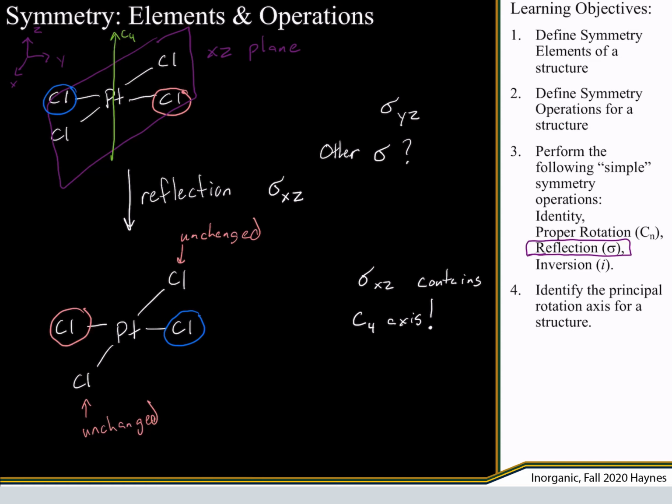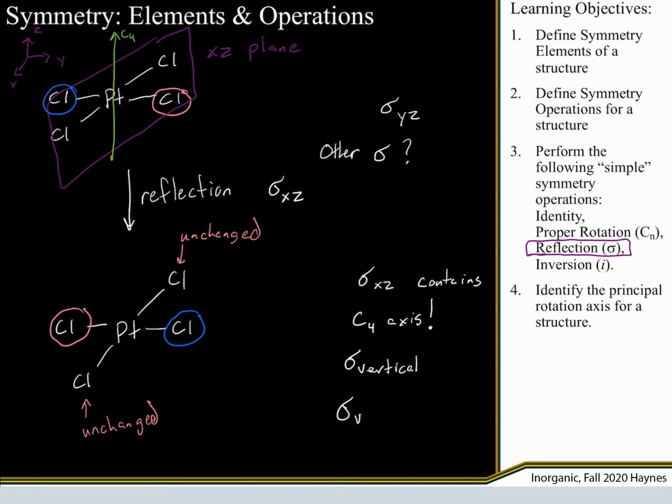Sigma xz contains my C4 axis. And this is an important designation, because when we have a mirror plane that contains our principal rotation axis, this is a vertical mirror plane, which is also referred to as sigma v. These contain our principal rotation axis.